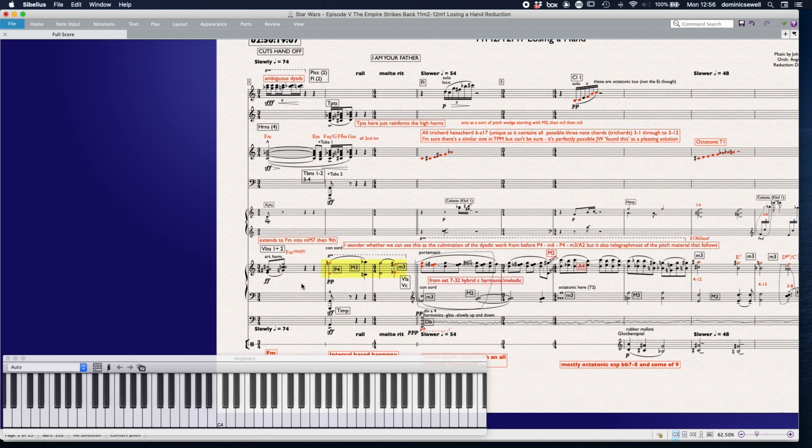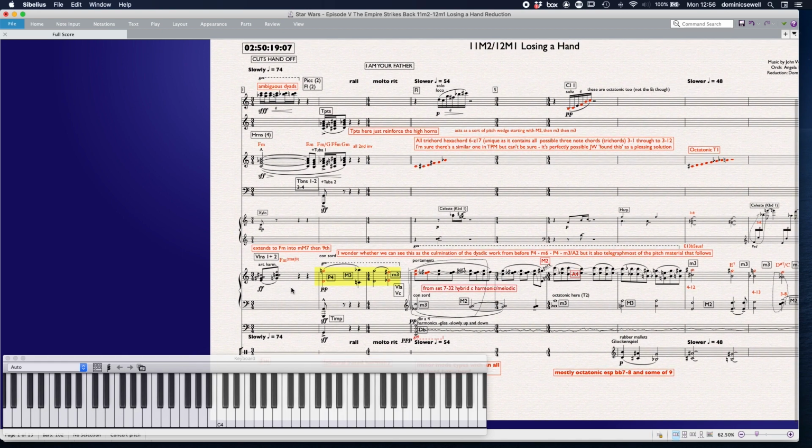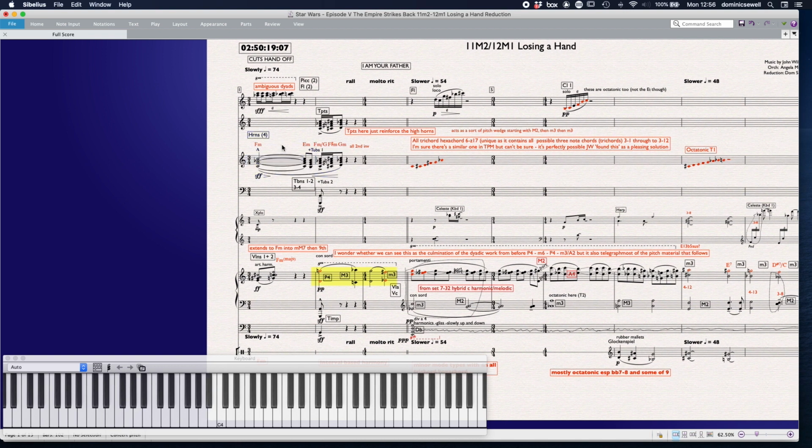It ends up being a sort of F minor, with a major ninth as well. So all sorts of really weird things going on here. But really the main thing is this sort of horn moment.